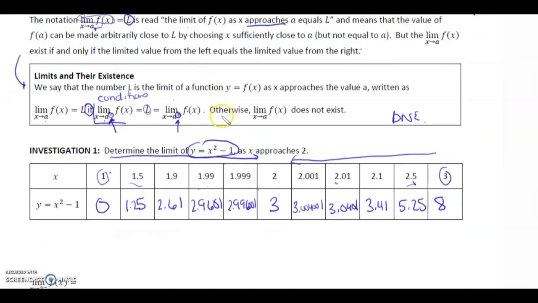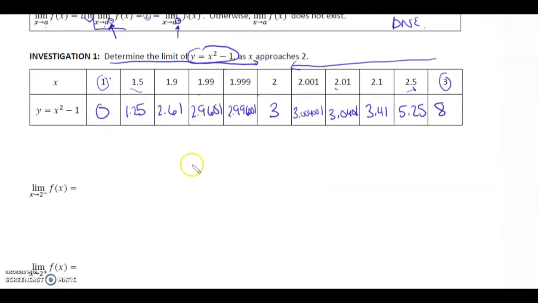What the limit actually means is that we are looking at y equals x squared minus 1 and how that equation acts as x approaches 2. The value actually at 2 doesn't mean anything when we look at limits.